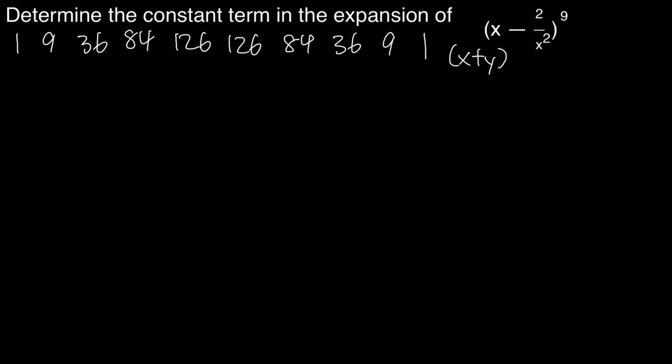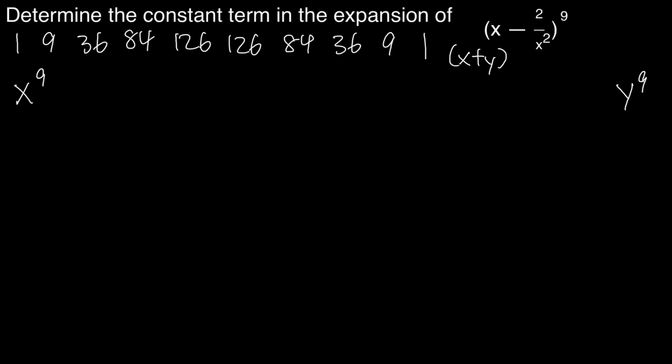The first term is always going to be x to the nth power. Right now n is 9, so the first term is going to be x to the 9th, and the last term is always going to be y to the nth power, so the last term is going to be y to the 9th.